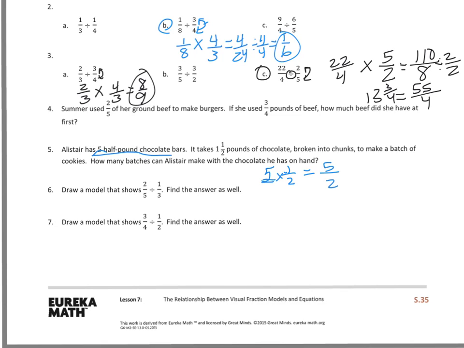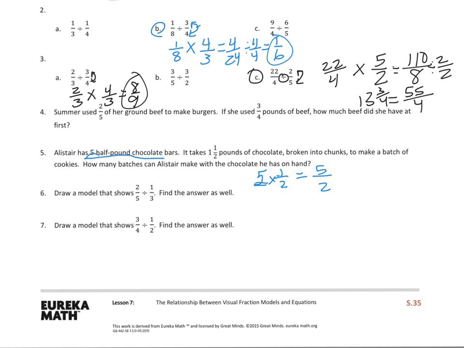So we have 5/2. The next part says it takes 1.5 pounds of chocolate. So I want to take 1.5, and I know that I'm going to divide this. So I have 5/2 divided by 1.5, because I need to see how many 1.5 pounds I can get out of the 5 half-pounds, because that's what it's going to take to make a batch.